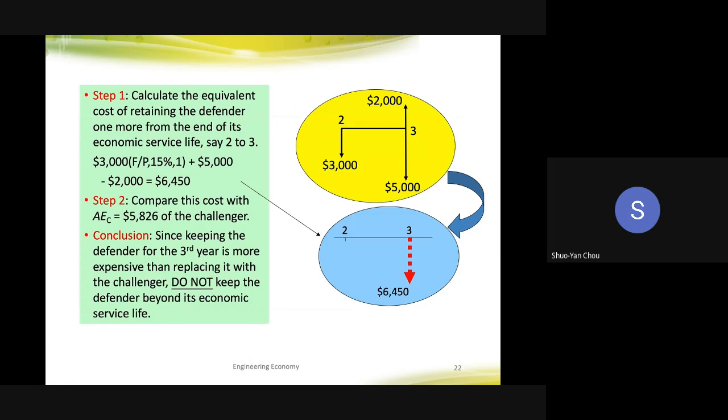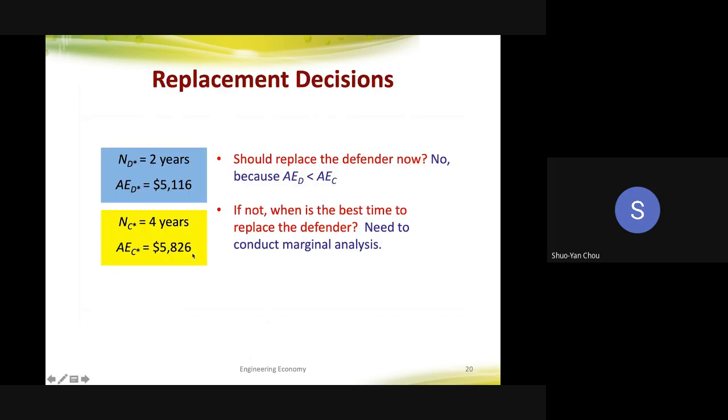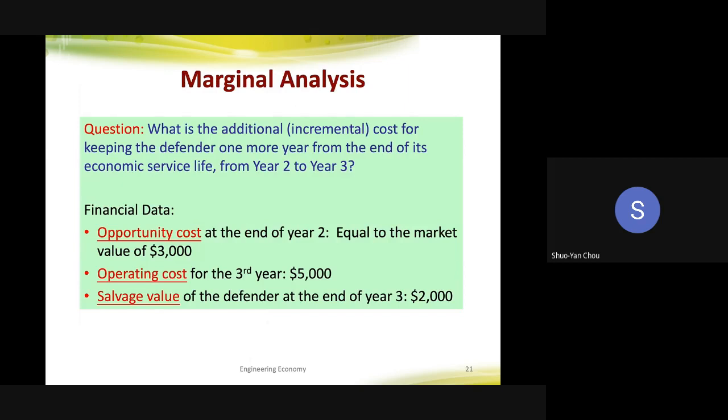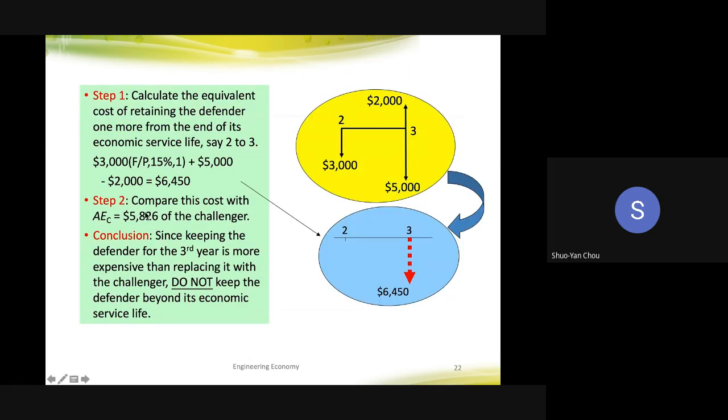So we can compare the cost in the third year if you decided not to change with the cost of the Challenger. For the Challenger, if we use it and replace it every 4 years, the annual equivalent cost will be 5,826.